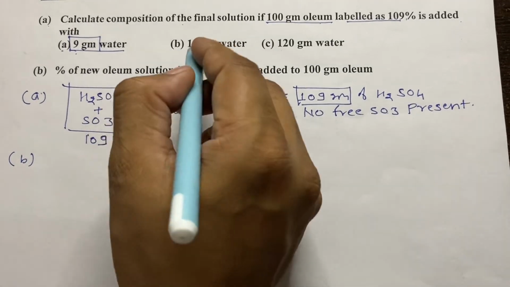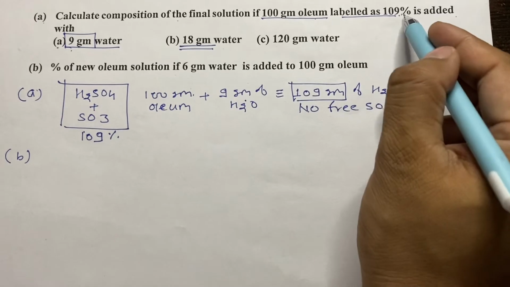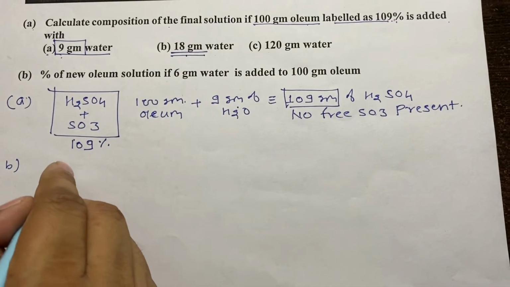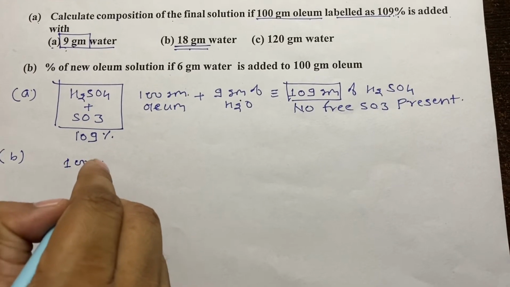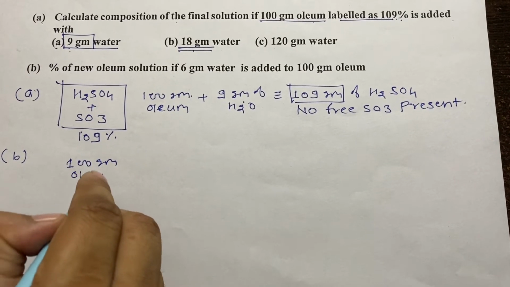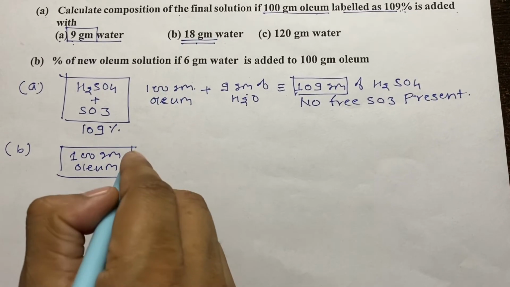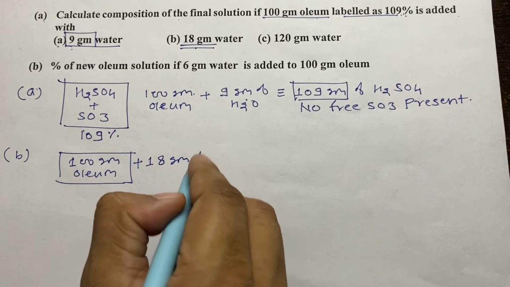In the B part we are adding more water than required, because 9 gram of water is required and we are adding 18 gram of water. So in case 2, 100 gram of oleum, and in this we are adding 18 gram of water.